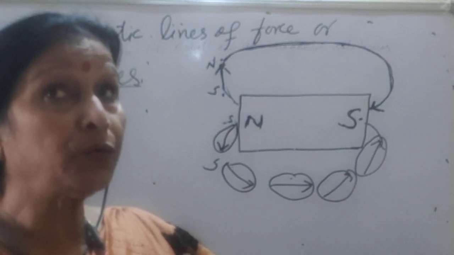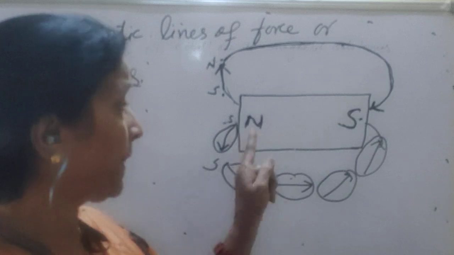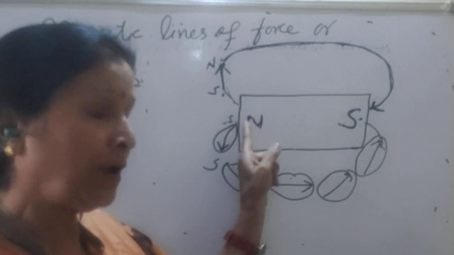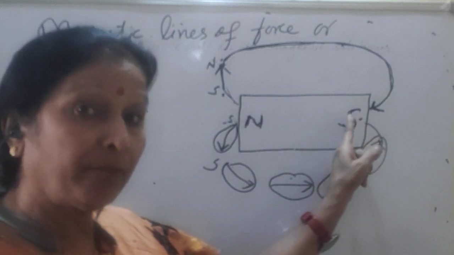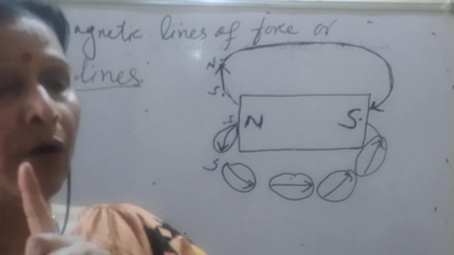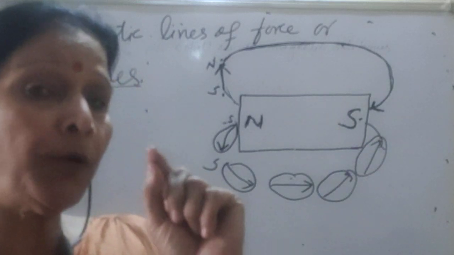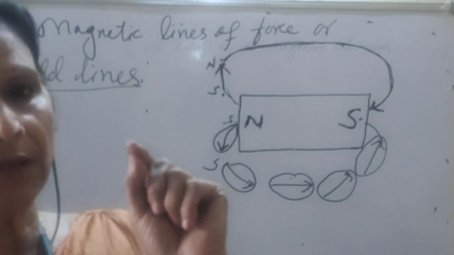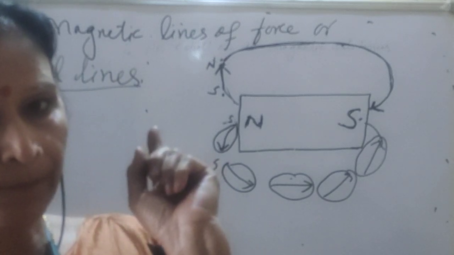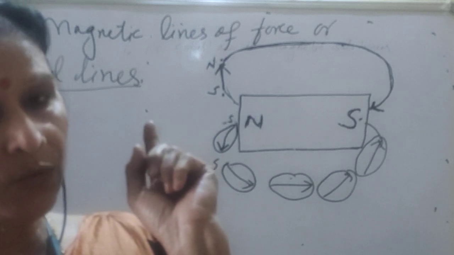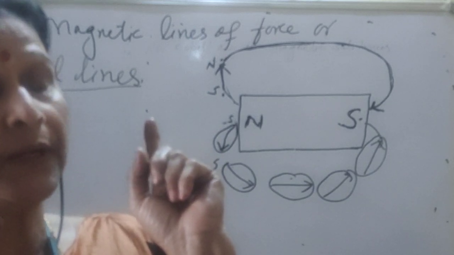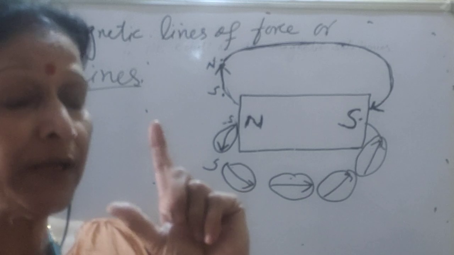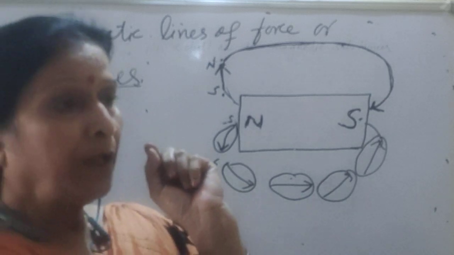The line along which the force of repulsion by this north pole and the force of attraction by the south pole act on the north pole of a freely moving magnet is called a magnetic line of force. I think you would be becoming clear. You will be getting a clear concept of this one, children. I expect this from you all.